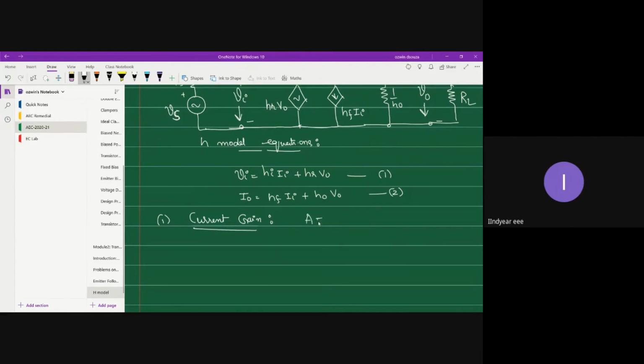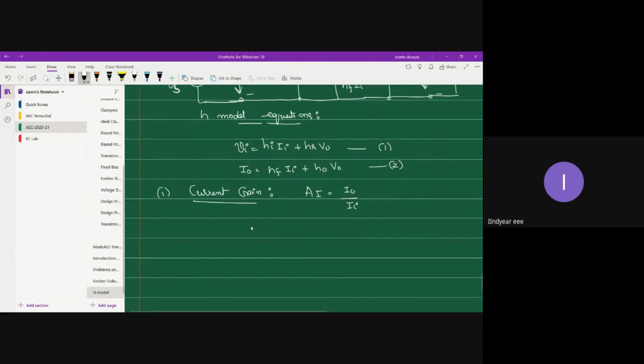By definition, current gain is output current to input current. We have the output current as equation 2: HF Ii plus H naught V naught. That's my output current equation, equation 2.